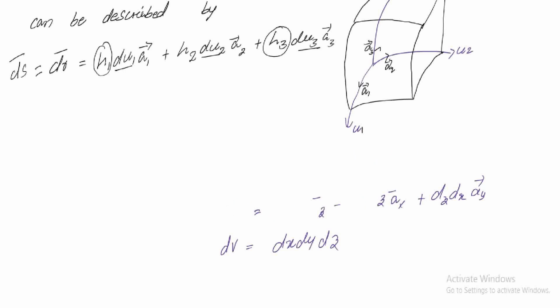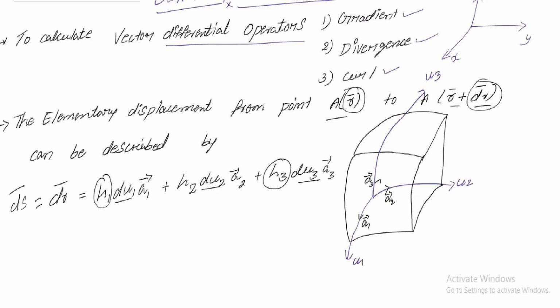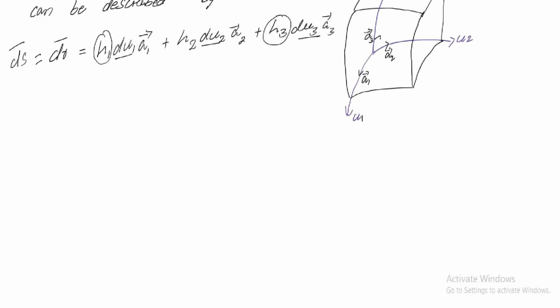So if you substitute, 2 pi by 3 multiplied with a cube, and cos pi is minus 1, cos 0 is 1. Finally you get one more 2, that is 4 by 3 pi a cube. So here we got the volume of a sphere.